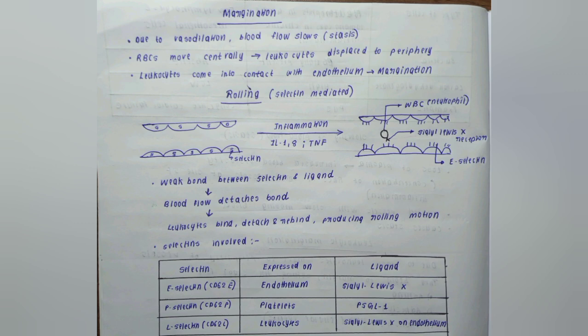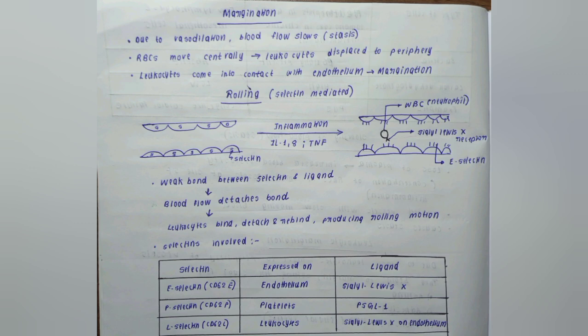There is a weak bond between selectin and the ligand. The ligand here is the Sialyl-Lewis X receptor. It is a weak bond, something like van der Waals. So imagine a neutrophil bound weakly to the selectin molecule.